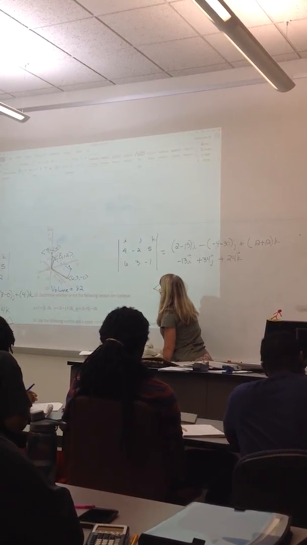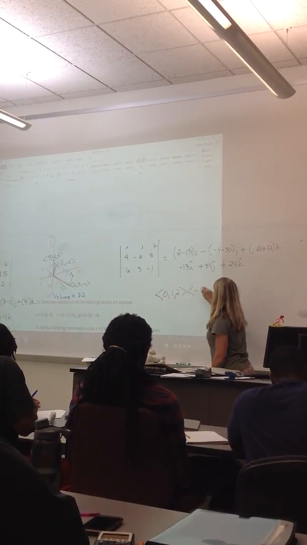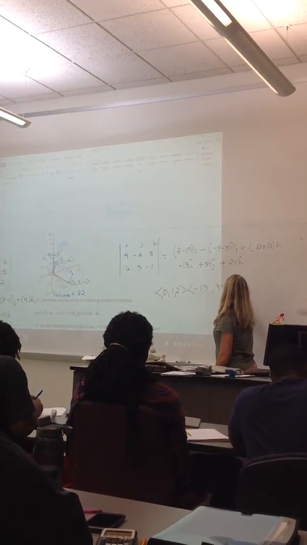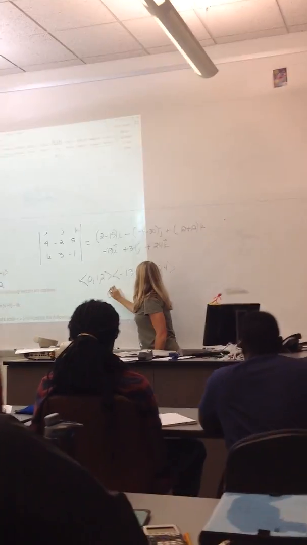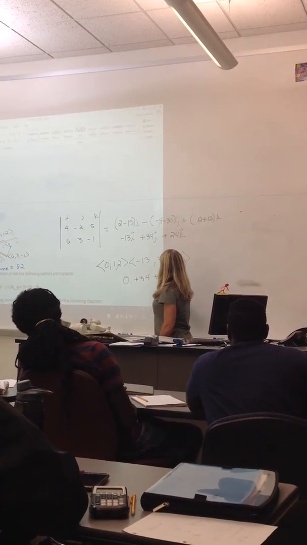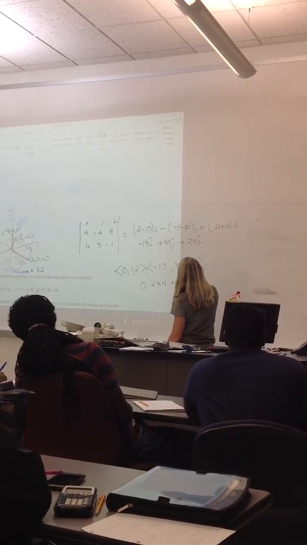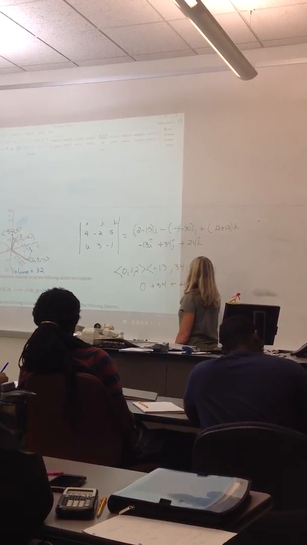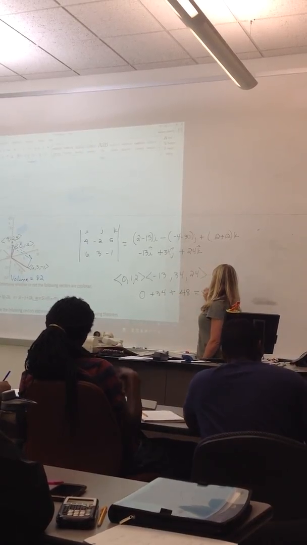Then dot that with the 0, 1, 2. So 0 plus 34 plus 48 is 82.